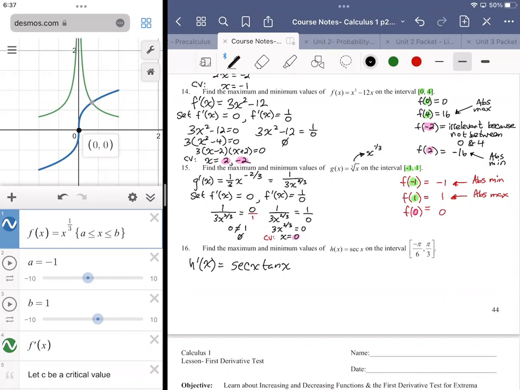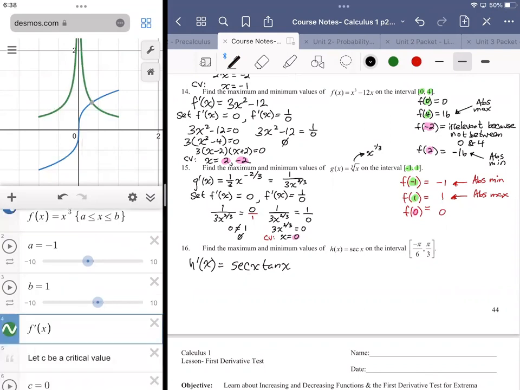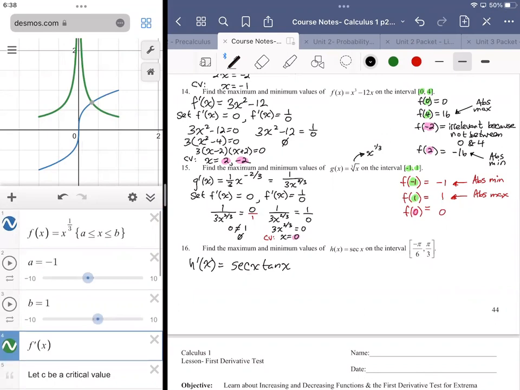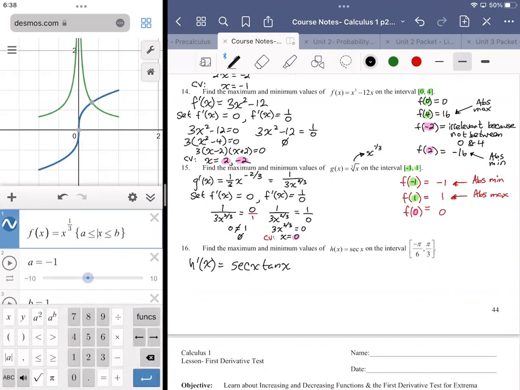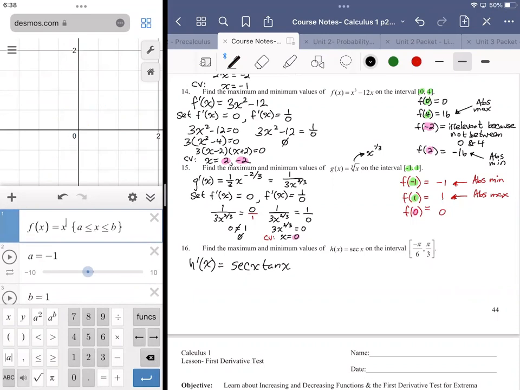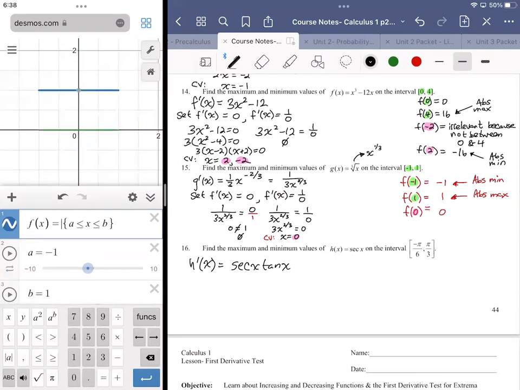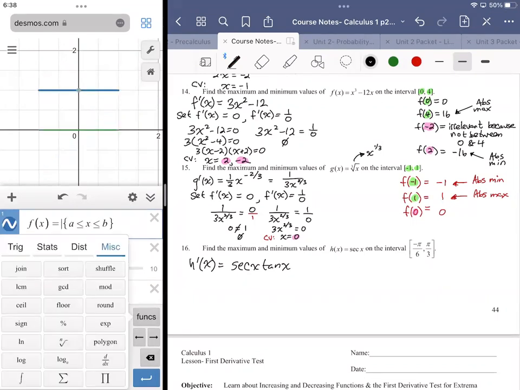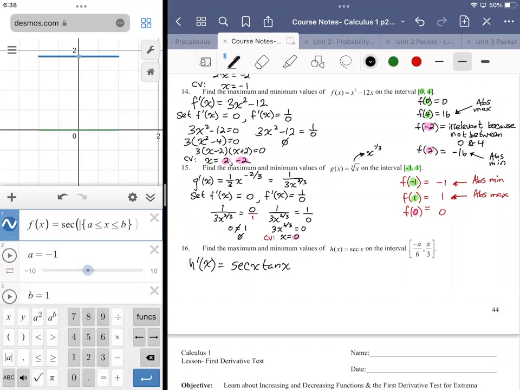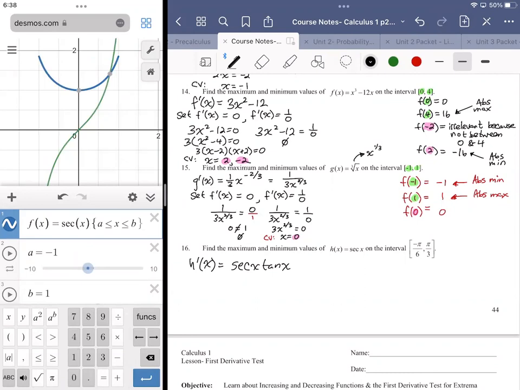All right. So I would pop in secant of x. My Desmos froze for a second. All right, so under trig, I grab my secant function, secant of x over a to b.